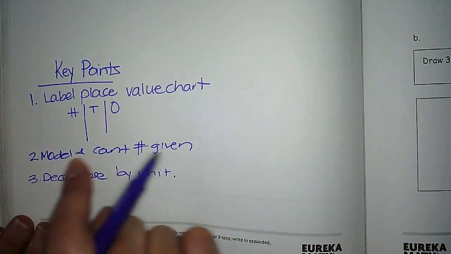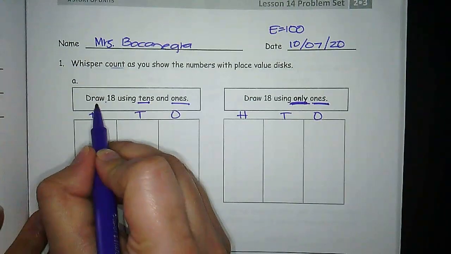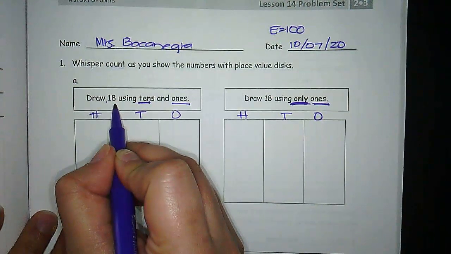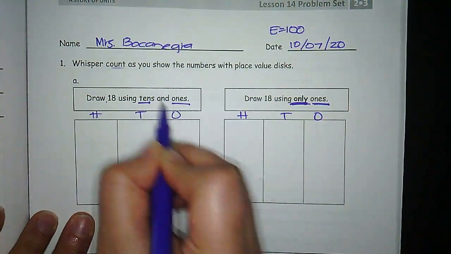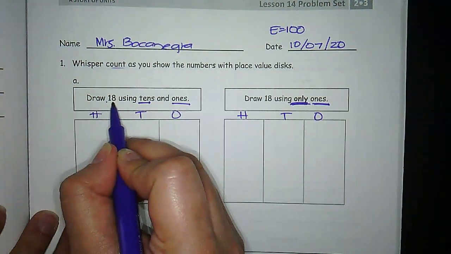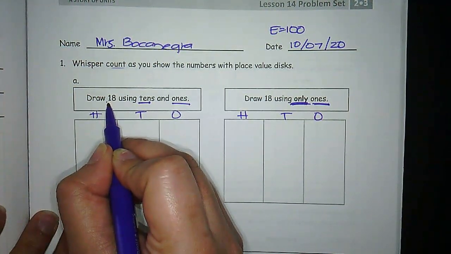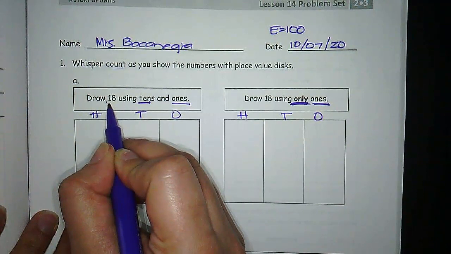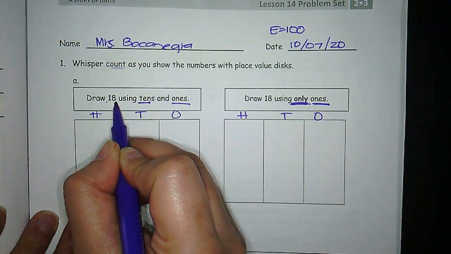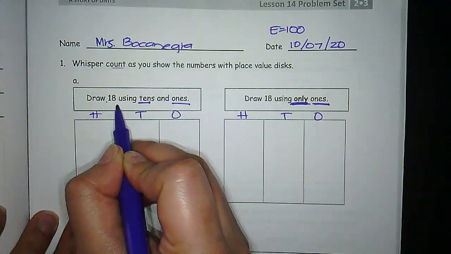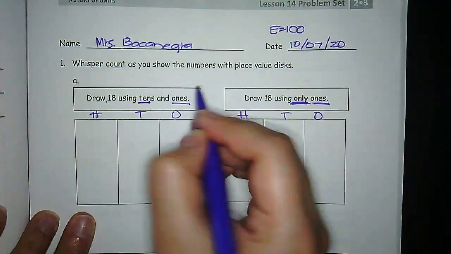Then number 2 says model and count number given. So right here, it's telling me to model the number 18 using tens and ones. How many tens are in the number 18? Yes, 1. How many ones are in the number 18? Yes, 8.